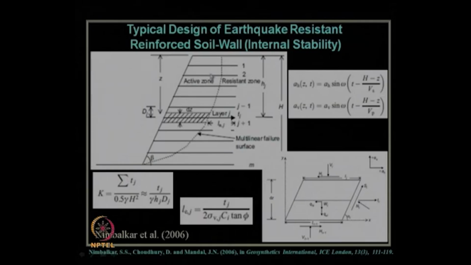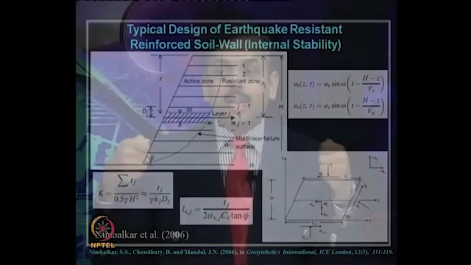So, whatever reinforcement you are providing should have sufficient tensile strength, so that it can withstand the extra large height which we are providing by using this reinforced soil wall. That should not break. Also, the anchorage or pull out of these reinforcement layers should be ensured.